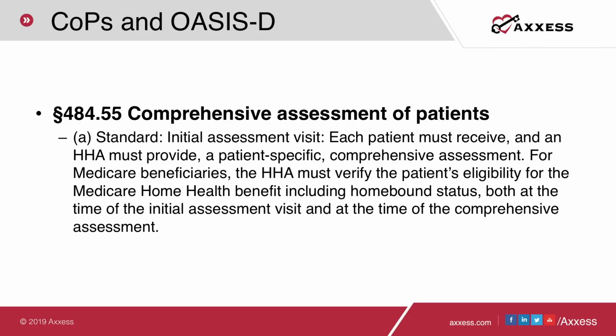So, for example, let's say that this is a therapy-only patient, and my home health agency says that therapy-only patients are going to be assessed by the therapist, but we want the RN to fill out the comprehensive assessment for every patient, including therapy-only patients.